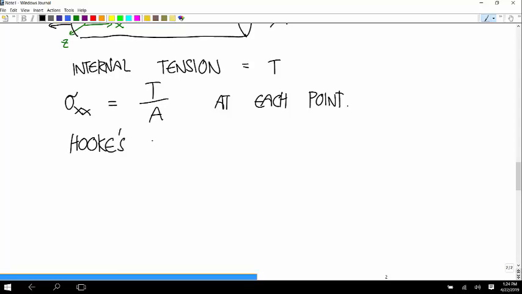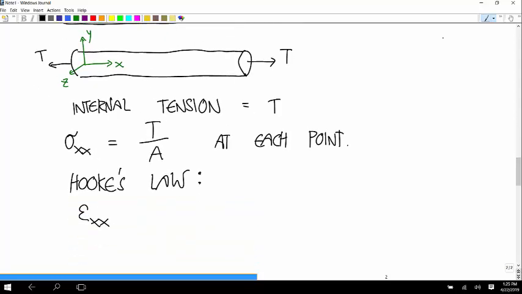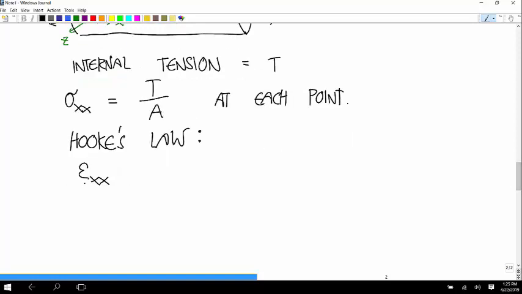Hooke's law says if you multiply out the appropriate part of the compliance matrix for the stress tensor, that if that's the only non-zero value of stress in the stress tensor, then the X normal strain is equal to 1 over E times the stress.